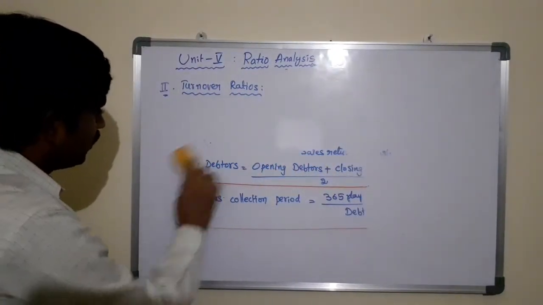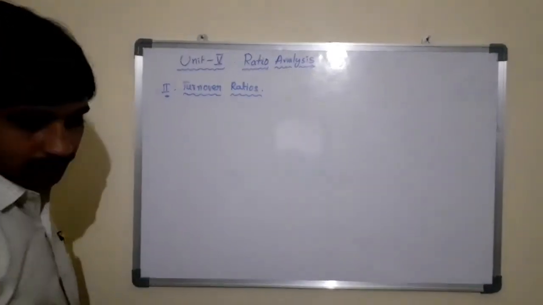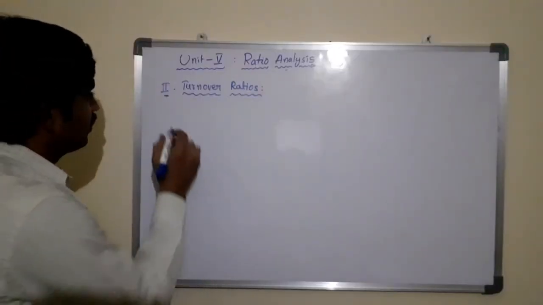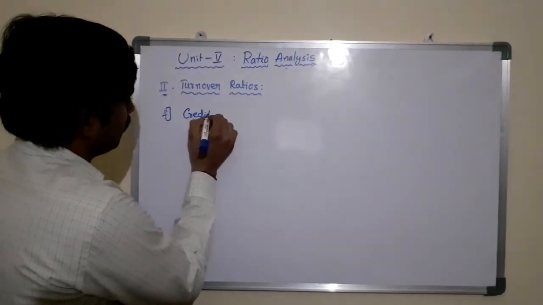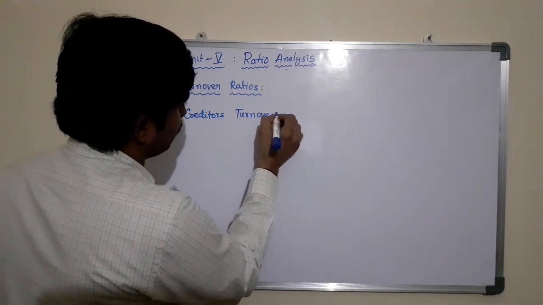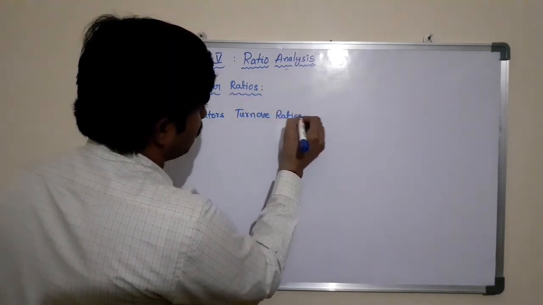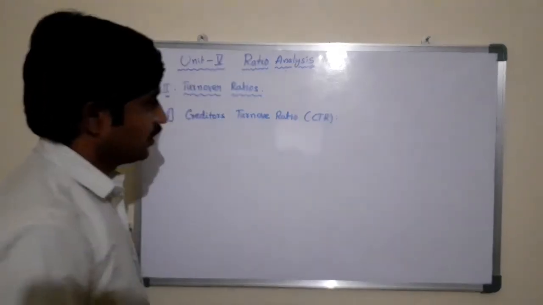So the next important ratio to calculate under turnover ratios is the creditors turnover ratio. It is also denoted by CTR, creditors turnover ratio.